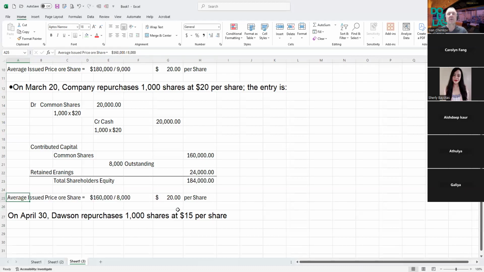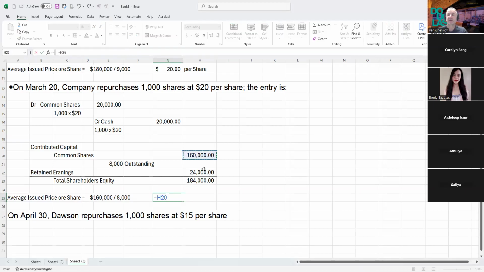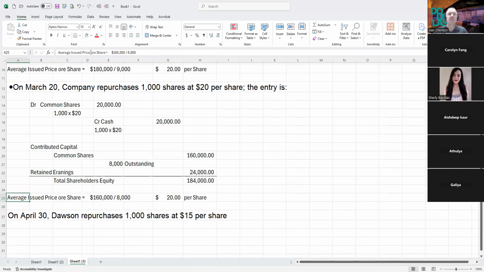So how much is our average price per share? 160 divided by 8,000, $20 per share. Make sense? So did the average price per share change? No.